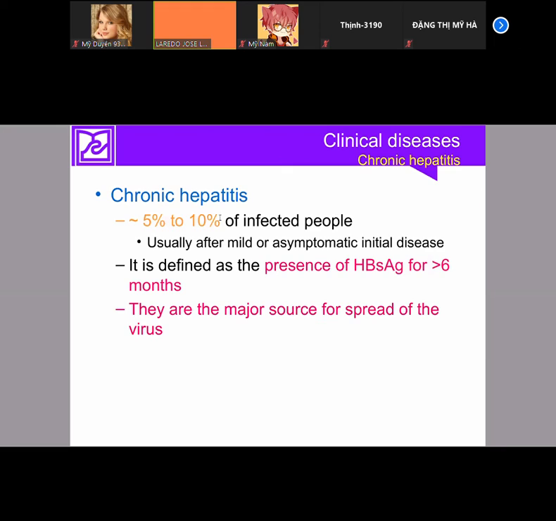But remember, this is not absolutely true, because the risk of becoming chronic depends on the age of infection. In patients infected very early in life, newborns, most of them become chronic. However, in adult patients infected, very few of them become chronic.